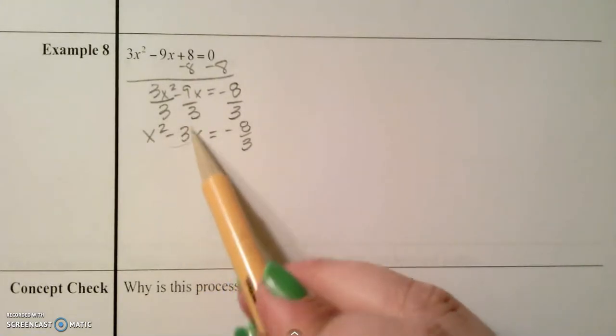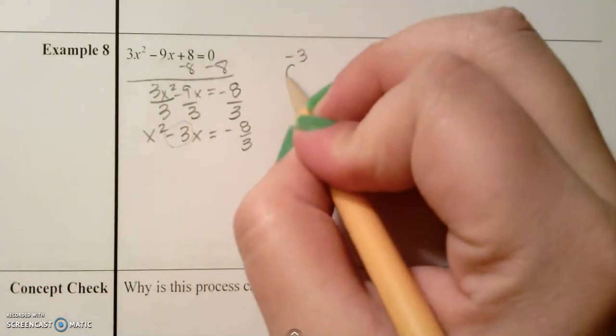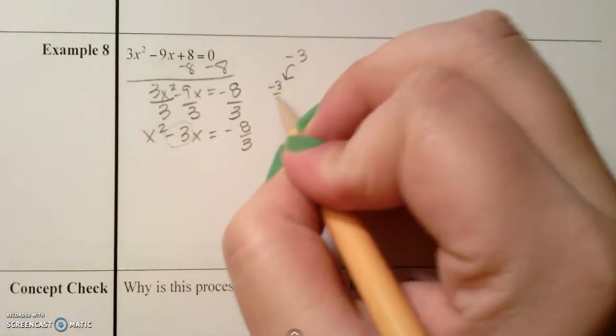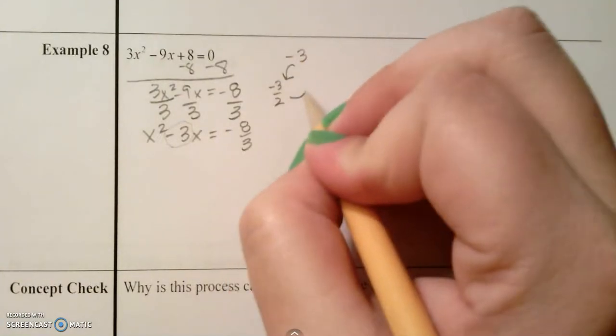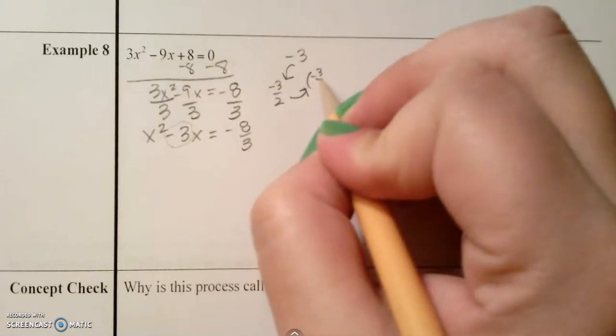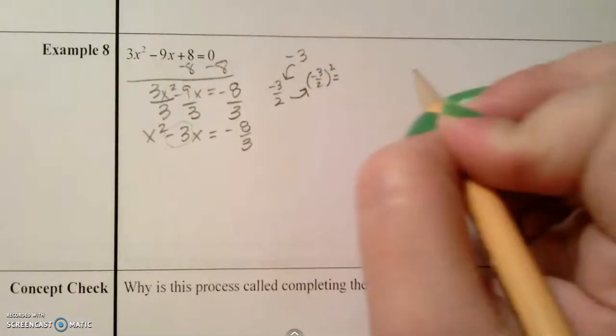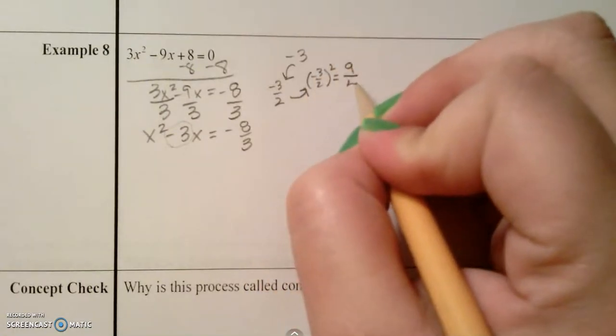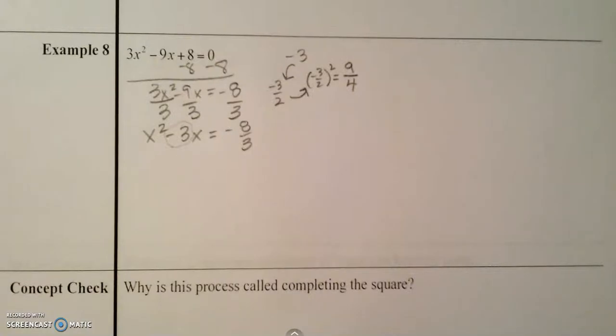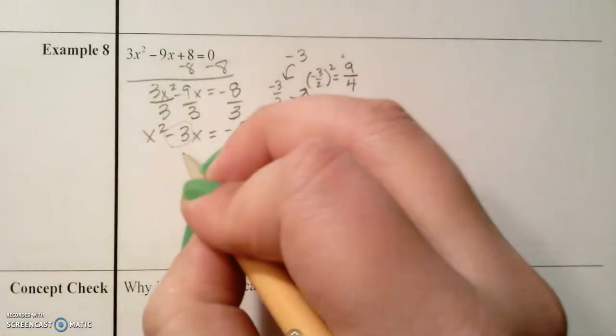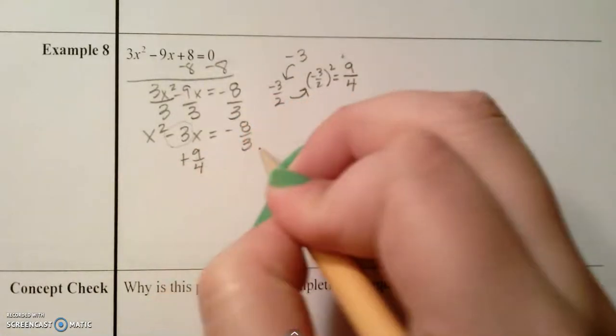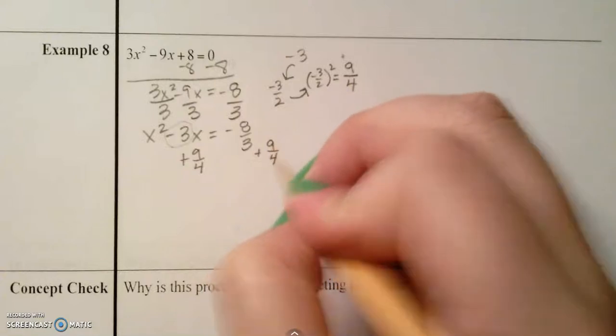I'm going to complete the square on the negative 3. So negative 3 divided by 2 is negative 3 halves, which doesn't simplify, so that's what I square. Negative 3 halves squared is 9 over 4. That's what I'm adding to both sides. Plus 9 over 4, and that is the step that completes the square.